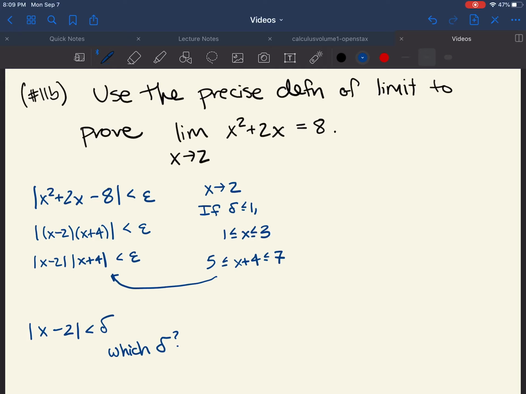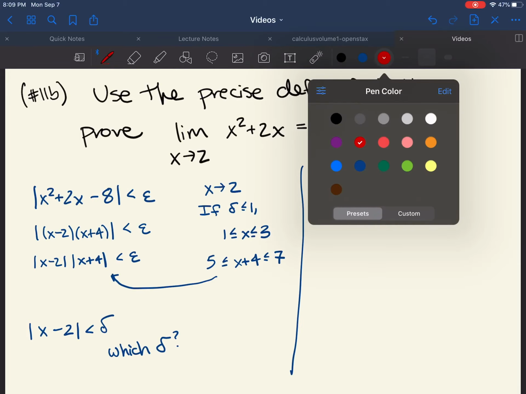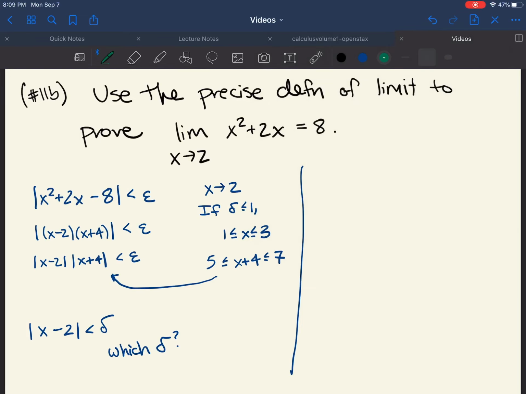Okay, so let's start over from the beginning. So this is what the proof will look like. I'll do it in a different color. Let's do green. Okay, so let epsilon be greater than 0 because that's given for us. We don't get to determine that.